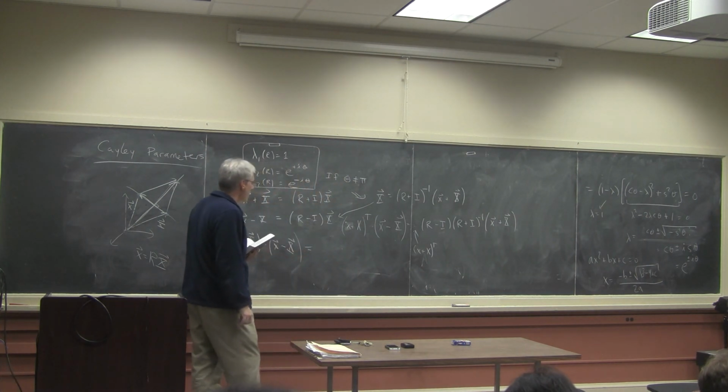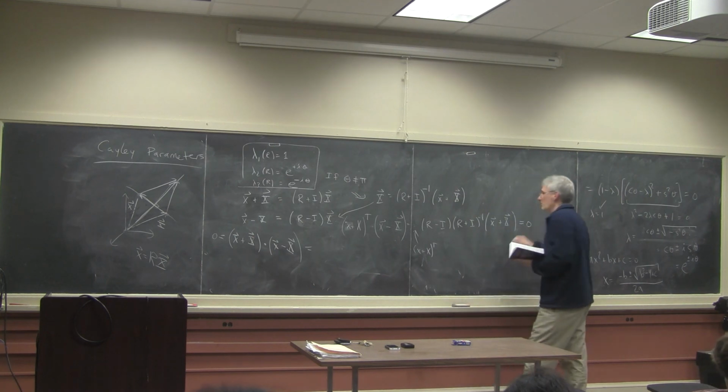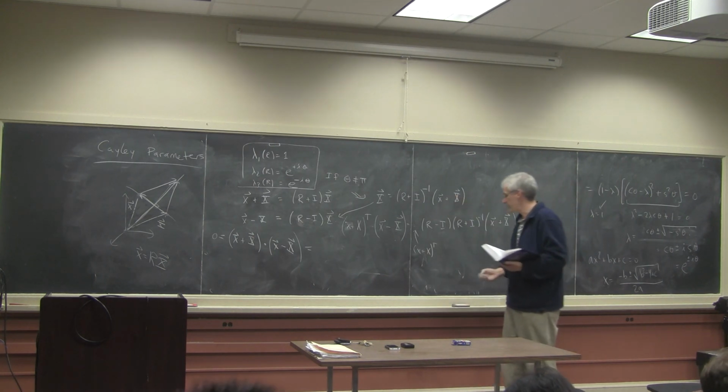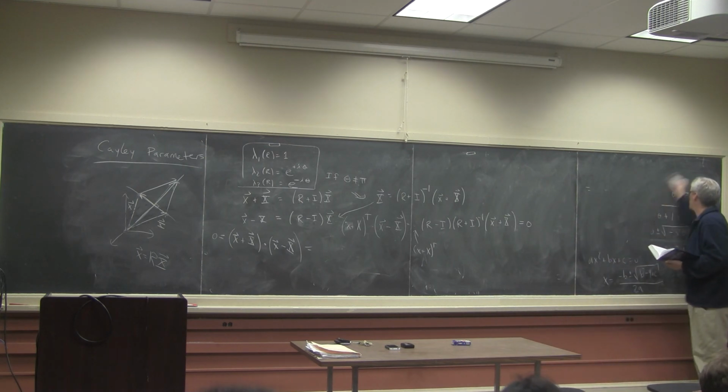Okay? And that has to be equal to 0 because of that perpendicularity of the two bisectors over there.